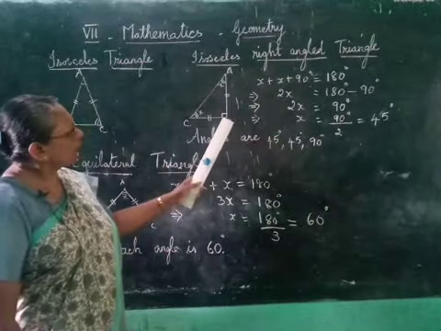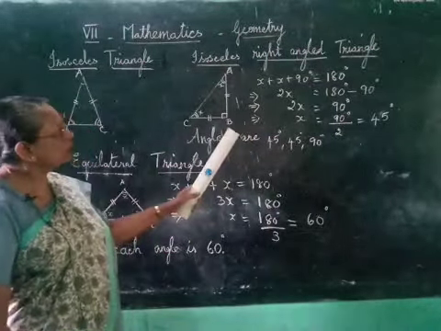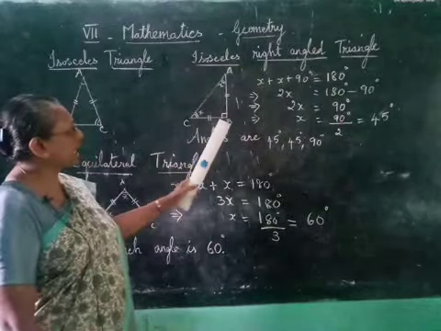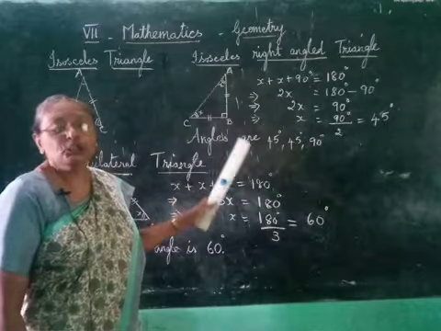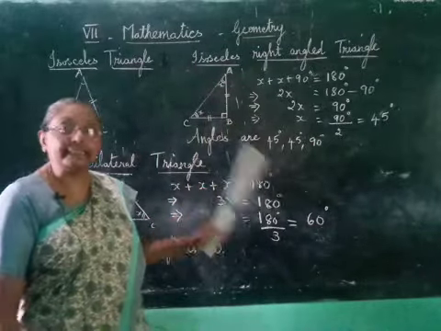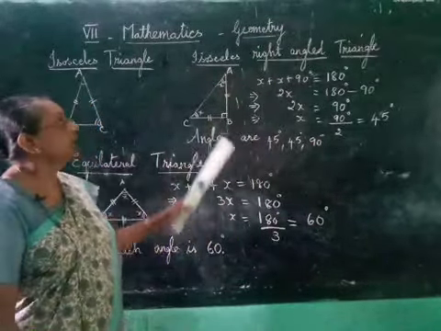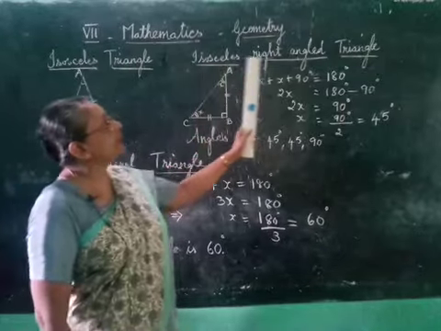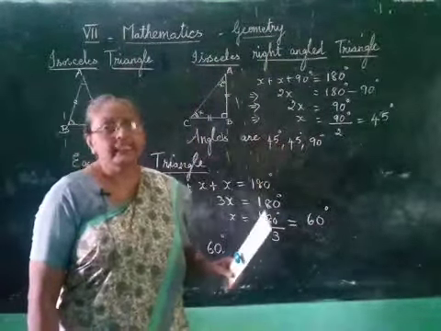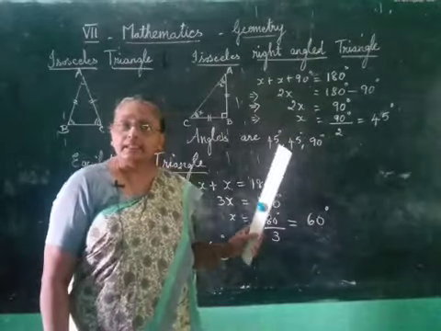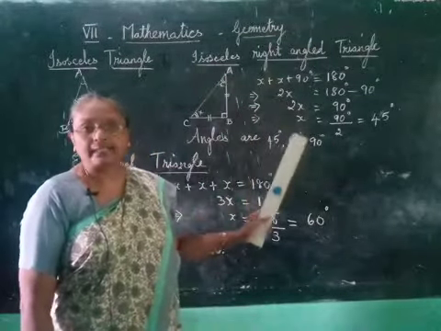Now one more condition. Suppose in that isosceles triangle, one of the angles is 90 degrees. It is called an isosceles right angled triangle. We know if any one of the angles is 90 degrees, that triangle is called a right angled triangle.